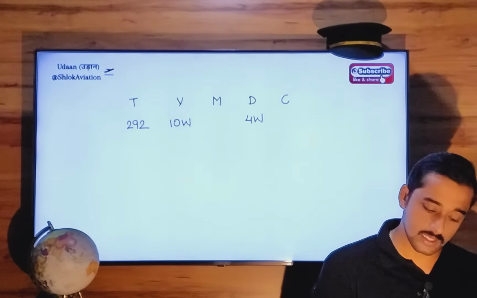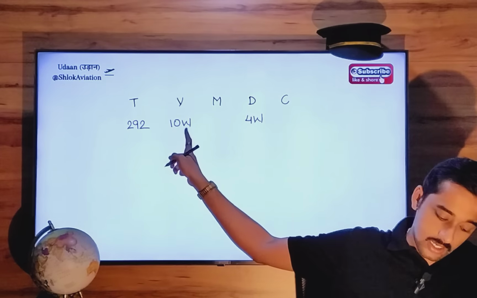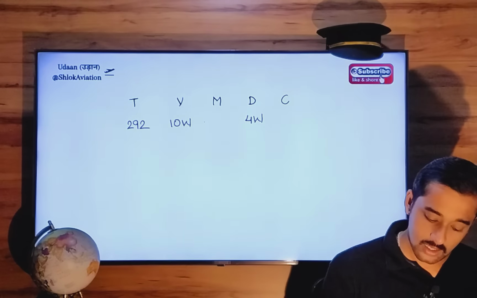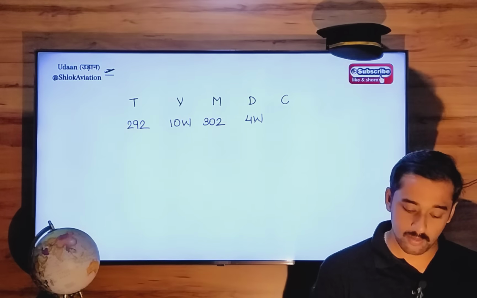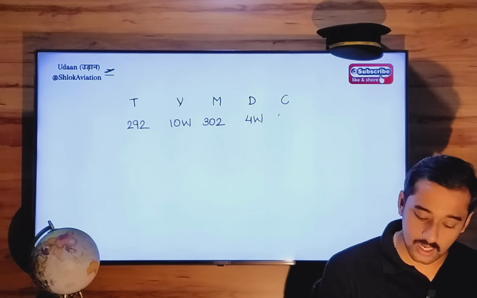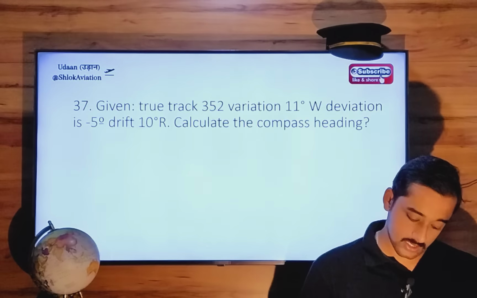Now what is magnetic heading? Variation west, magnetic will be best. So 292 plus 10, 302, and deviation west, compass will be best. So 302 plus 4, 306. So your compass heading will be 306.